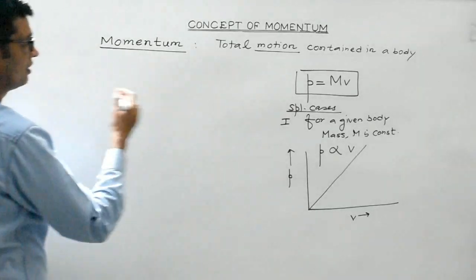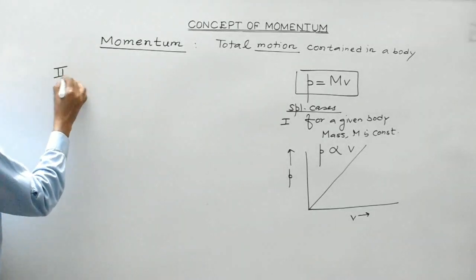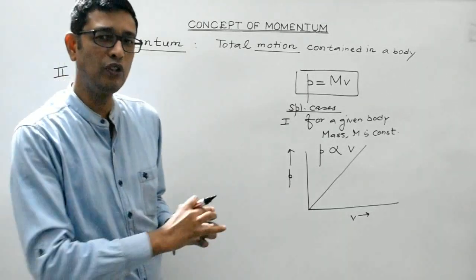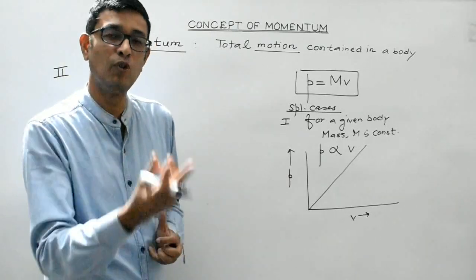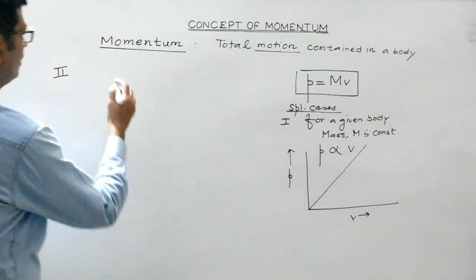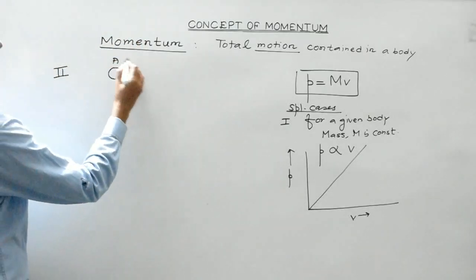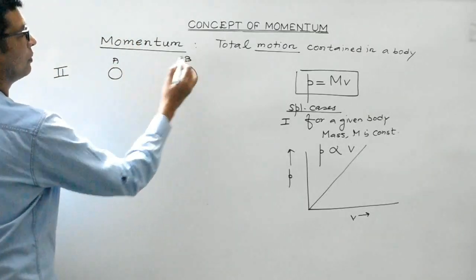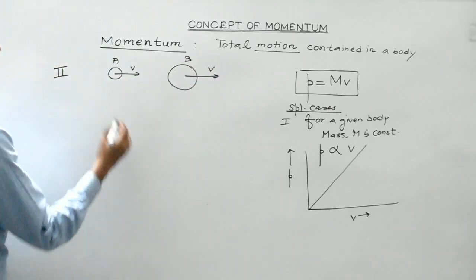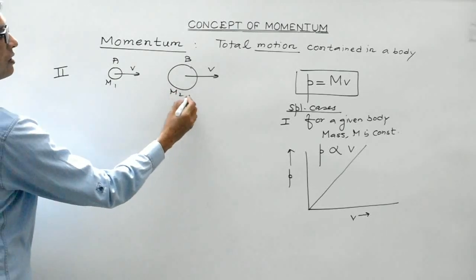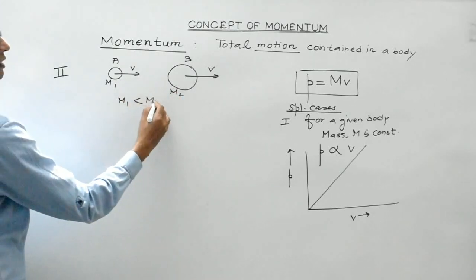Now consider case 2. Now we'll consider the case of 2 different bodies, having different masses but moving with the same speed. Suppose this is body A and let us consider this to be body B. Both are moving with speed V. But masses are different. M1 is less than M2.